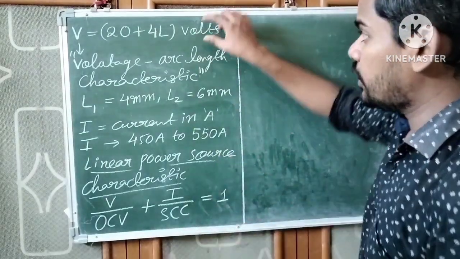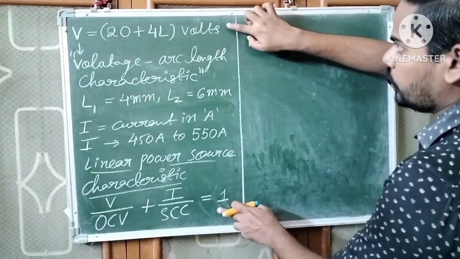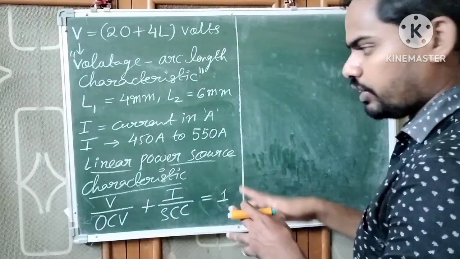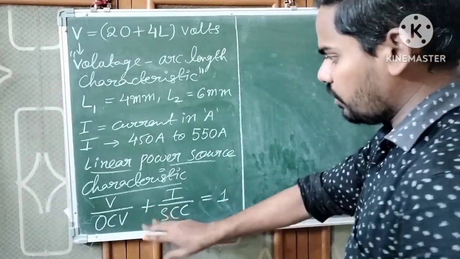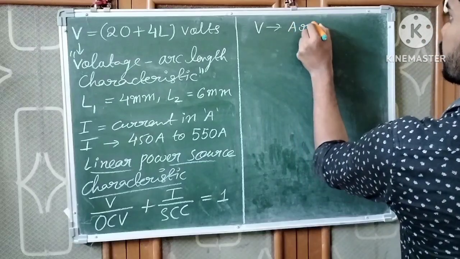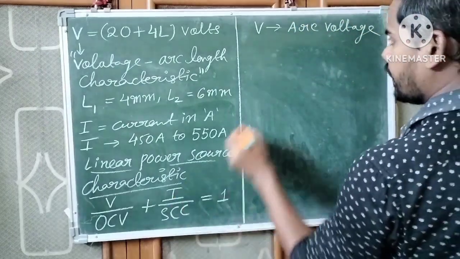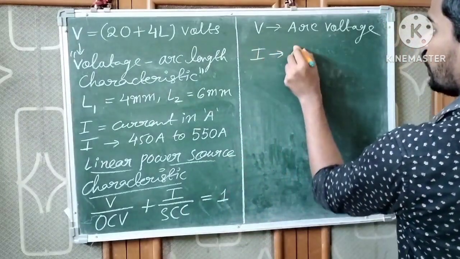So this is the voltage arc length characteristic. Using these two formulas we can solve this problem. What is V? Here V means arc voltage. I is the arc current.